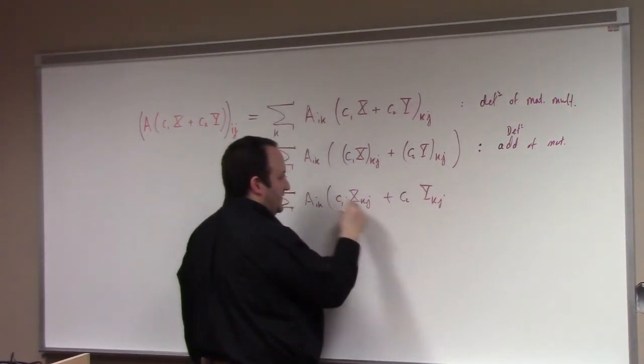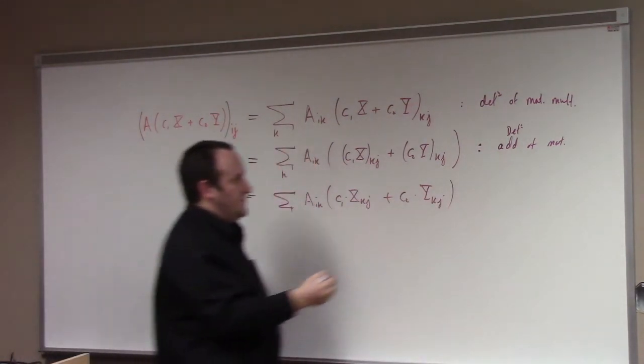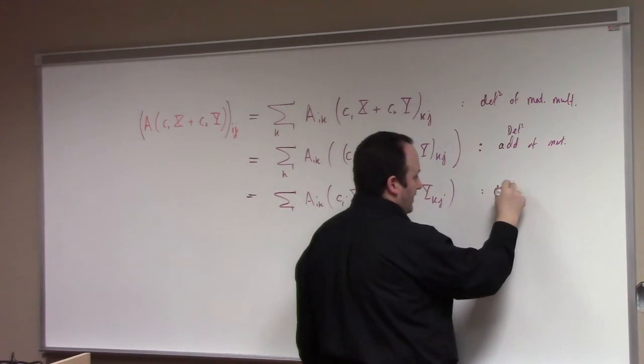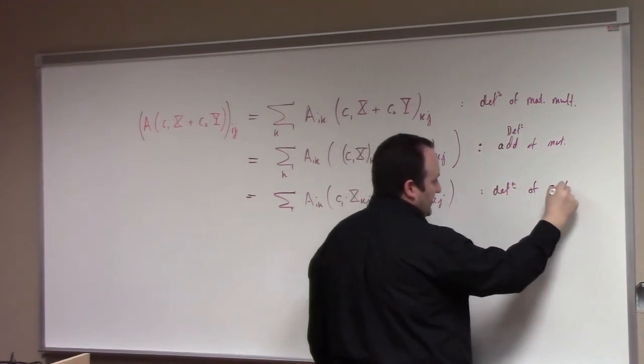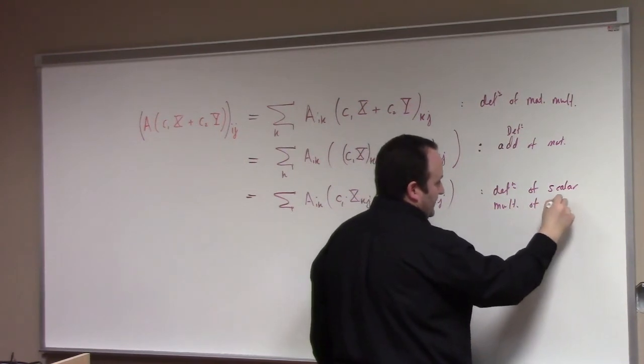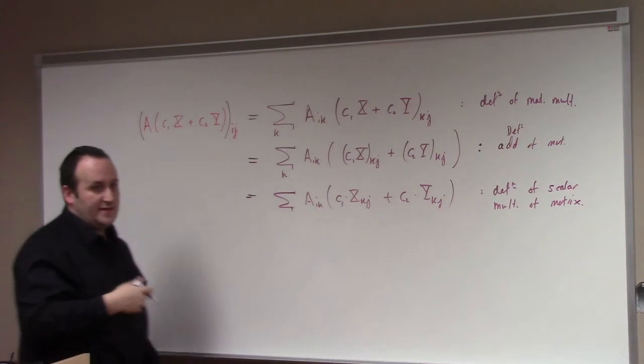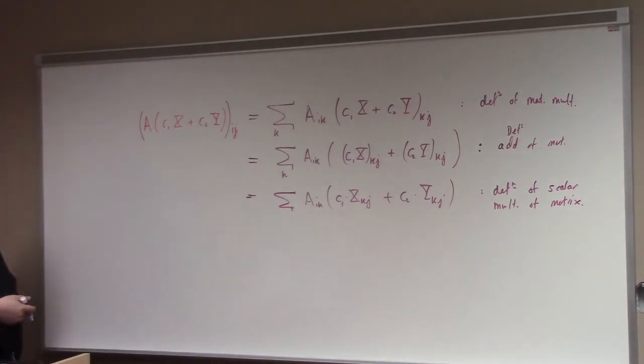You could put dots here if you like, I don't know. Now that is the definition of what? Of scalar multiplication of a matrix, right? In fact, I did that two times, one for each sum, right?